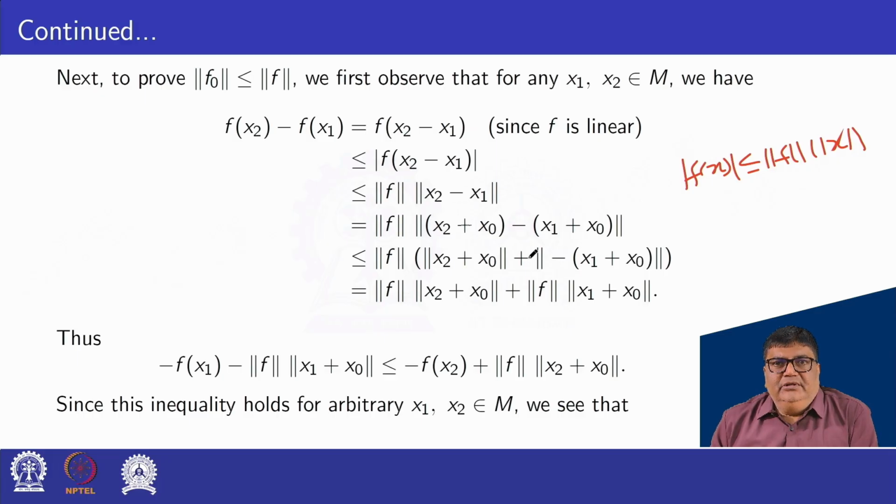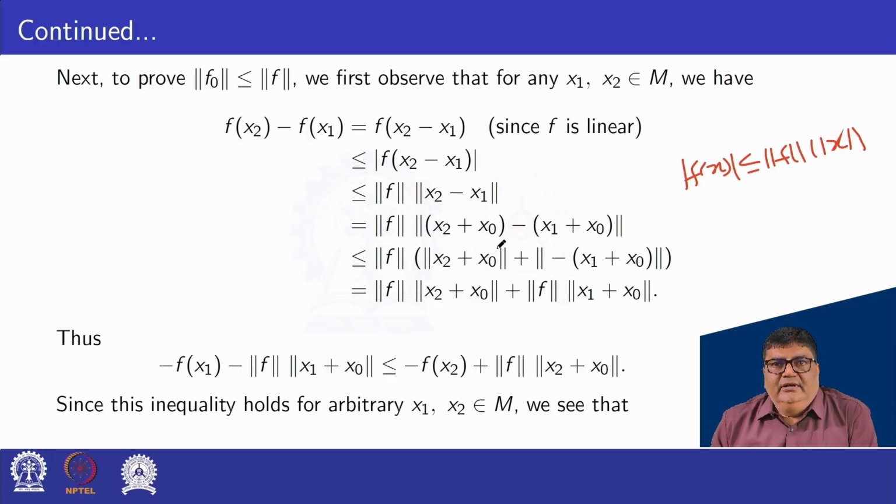So using the triangle property of norm, this can be written as less or equal to norm f into norm (x2 plus x0) plus norm (minus x1 plus x0).